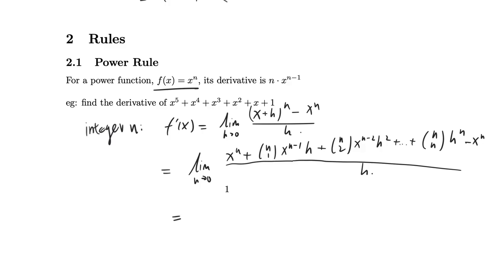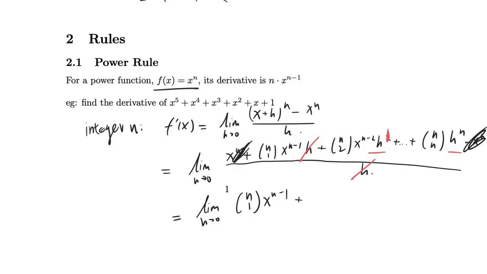So then what you could do is first of all, you could cancel these. And then you can cancel the h above and below. So you would get limit h approaches 0 of n choose 1 of x to the n minus 1. So notice this h would cancel with this h, and one h from each of these right over here. So you would subtract 1 from the exponent of each.